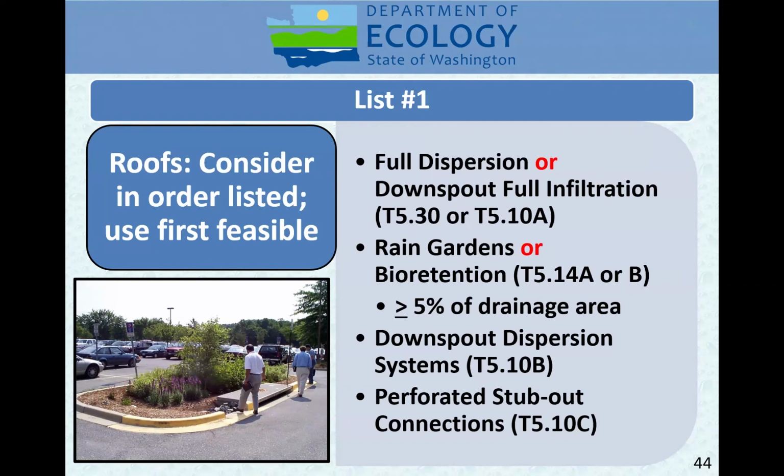If you don't want to do that, you don't have to do that, but it is infeasible if you don't do it. The other piece of that is you can take runoff from the roof because it's non-pollution generating. And if you can put it directly into the ground through dry wells or infiltration trenches, you can do that. And that reduces the amount of runoff that you're going to get from other hard surfaces.